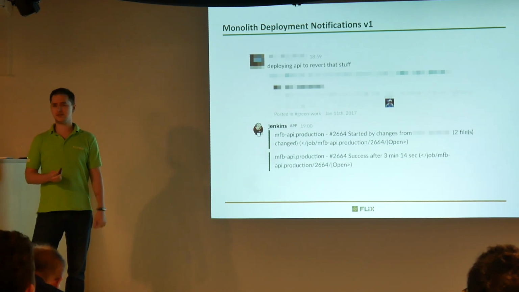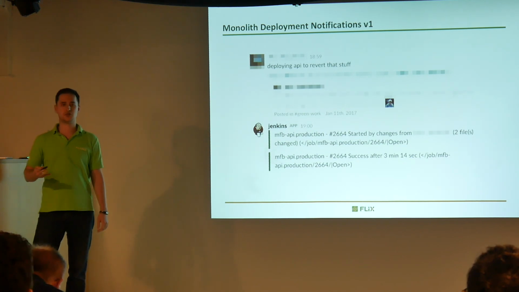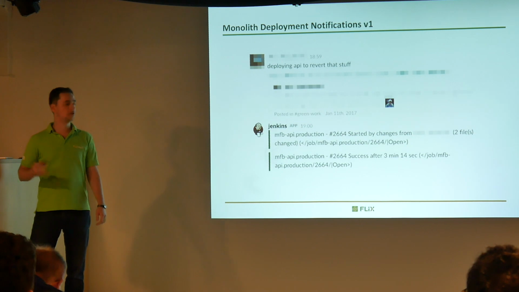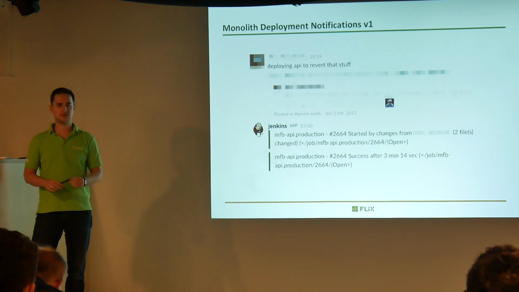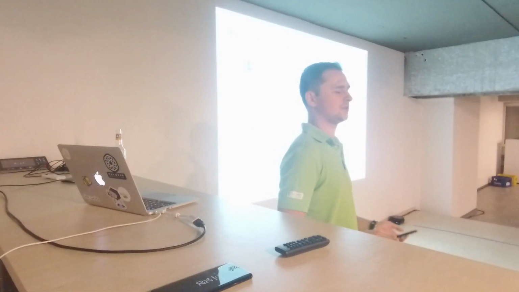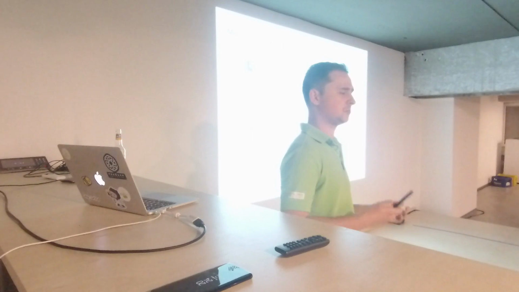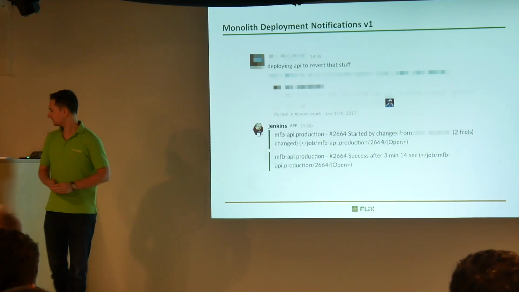And it's a nice thing, you can see a list of deployments in one channel. They look different from usual messages, so you can see them easily. And if something broke, the first thing you usually do is check if something related was deployed.